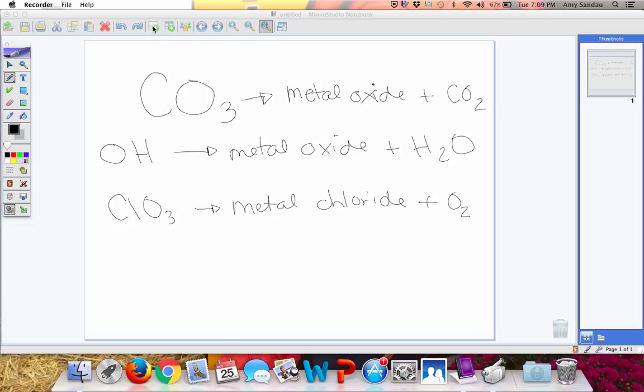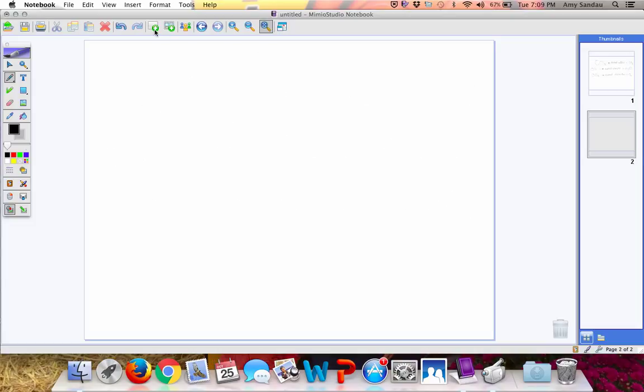So what I want to do is some examples with each one of these, starting with a carbonate. If you look at number 1 on your green sheet, it says magnesium carbonate, MgCO3, is heated, which causes it to decompose into two products. Since it was a carbonate, our rule says it decomposes into a metal oxide, and the metal in this case is magnesium.